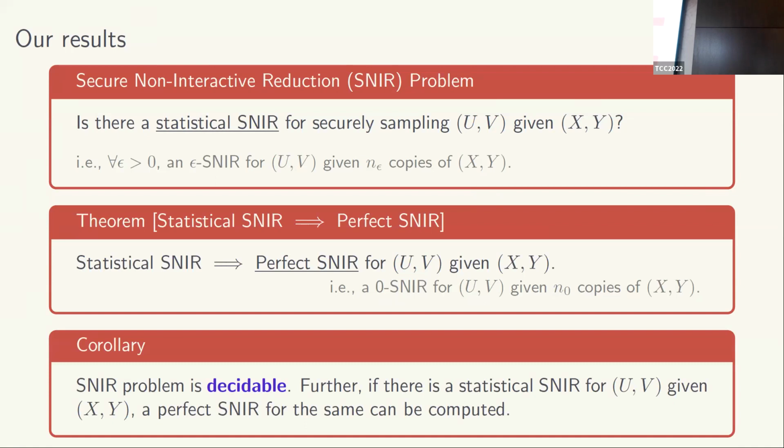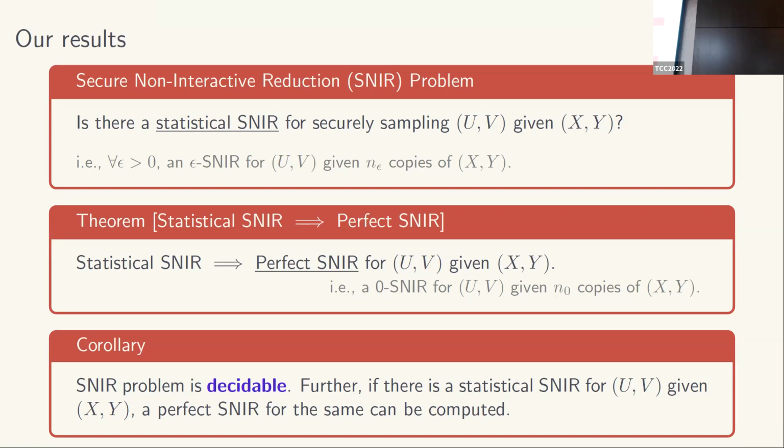Furthermore, if there is a statistical SNIR, then there is an algorithm that actually outputs a perfect SNIR for the same problem. Going from the theorem to this corollary is rather straightforward. We can build an algorithm that takes the description of the source and target correlations and computes this number n_0 that's given in the theorem.